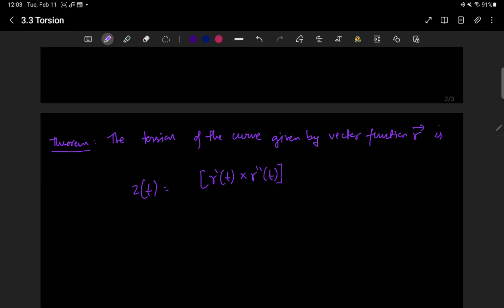Recall this cross product comes from the curvature, then you dot it with the third derivative of r, and in this case the denominator is a little more daunting. You have the magnitude of this cross product squared. So given any curve, you can use this formula or recipe to find the torsion. Here you're just using r prime, r double prime, r triple prime, and the cross product of r prime and r double prime.